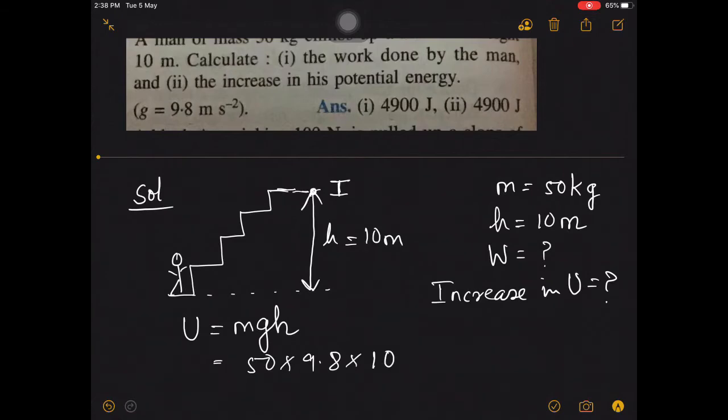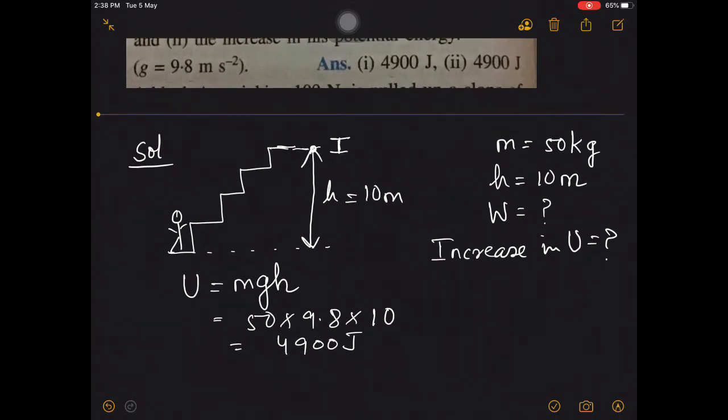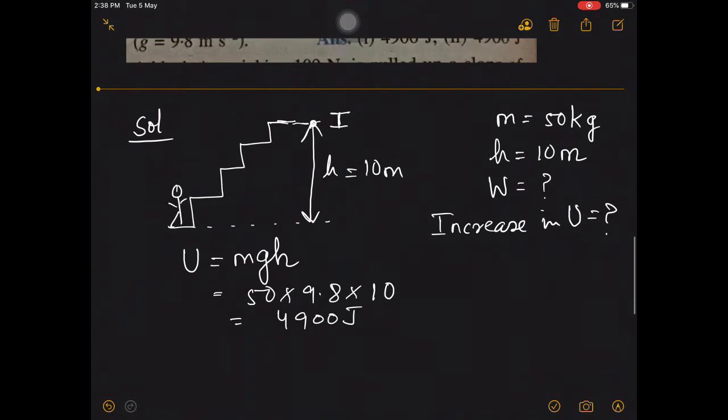If you do this calculation, you will get 4900 joule. So this is the potential energy of the man. This is only the amount of work done against gravity, right? So the work done by the man is nothing but 4900 joule only.